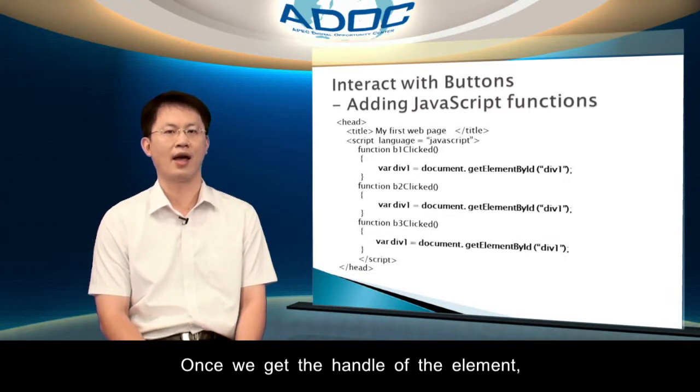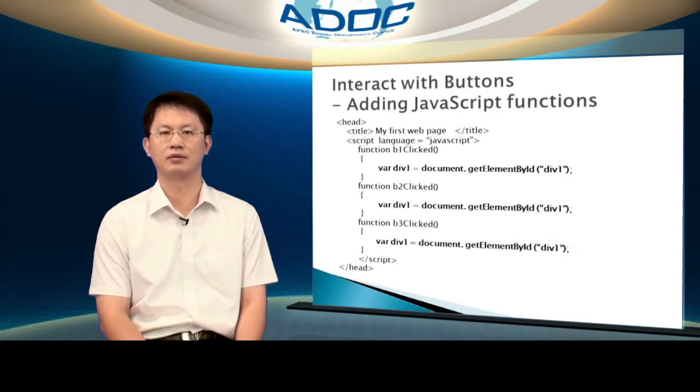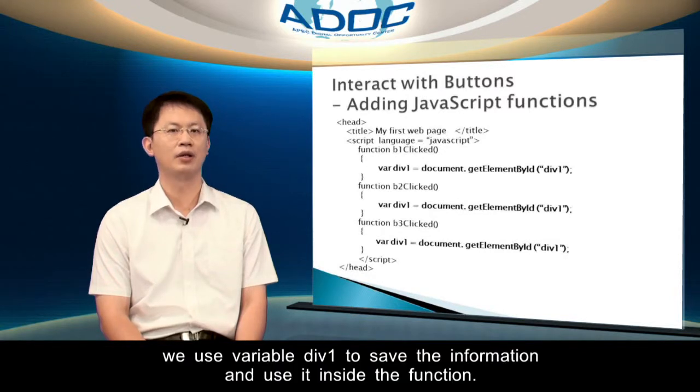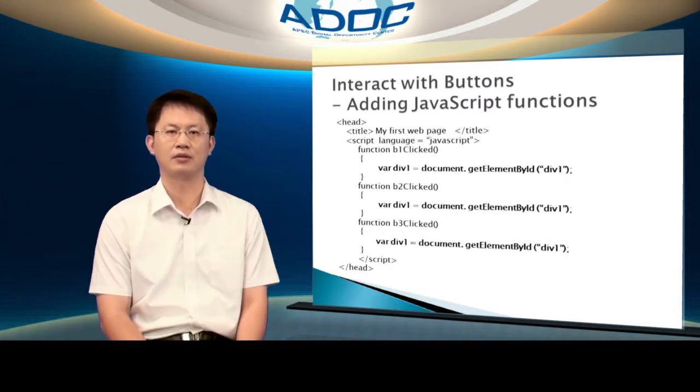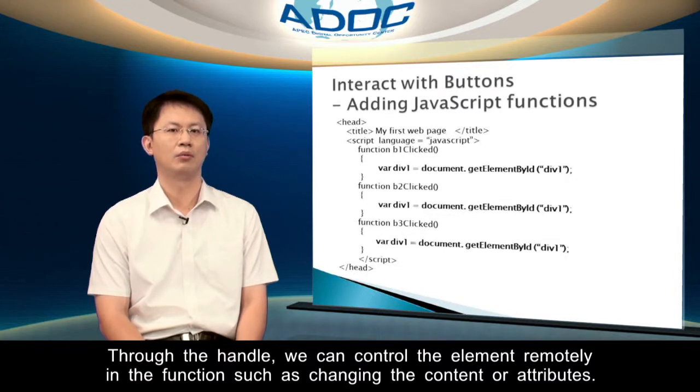And once we get the handle of the element, we use the variable div1 to save the information and use it inside the functions. Through the handle, we can control the element remotely in the functions, such as changing the content or attributes.